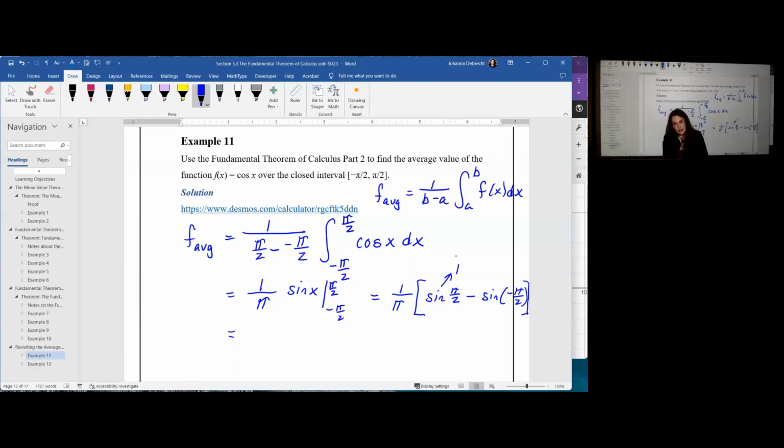The sine of negative pi over 2, remember you're going backwards, is going to be actually the same as the sine of 3 pi over 2, which is a negative 1. But I have subtraction in the middle. 1 minus a negative 1 gives me 2. That tells me that my average y value is 2 divided by pi.